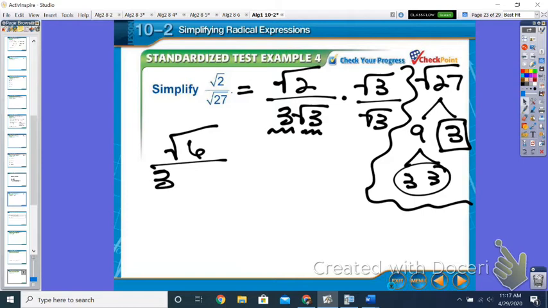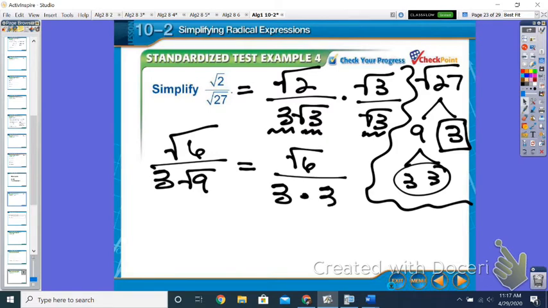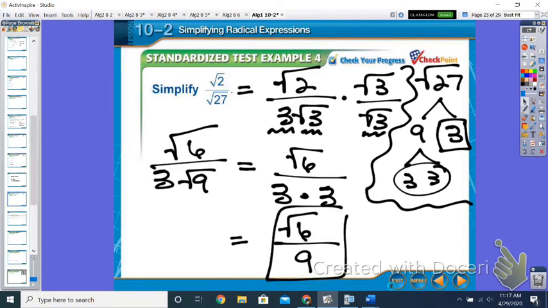And then we have square root of 3 times square root of 3, which is square root of 9. So we have square root of 6 over, the 3 is not changing. We know the square root of 9, hopefully. That's 3. So 3 times 3 in the denominator. So this is square root of 6 over 3 times 3 is 9. There's your answer. Now you might be picking up on a little shortcut here.